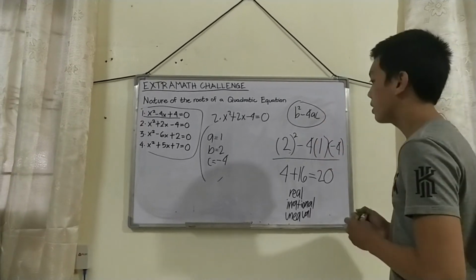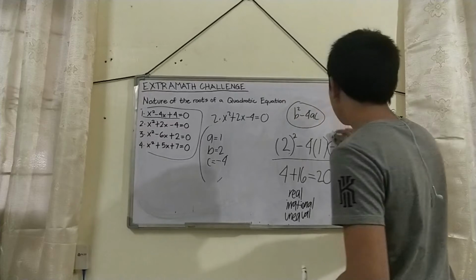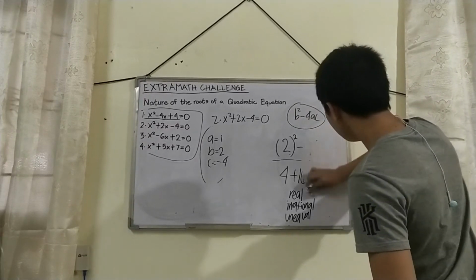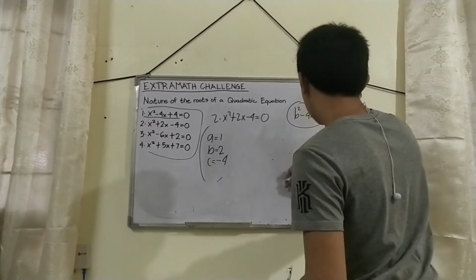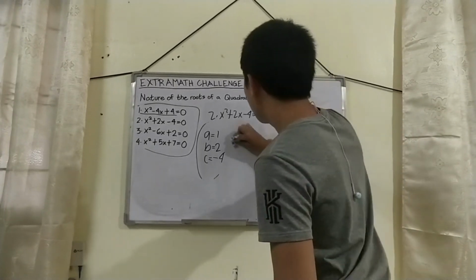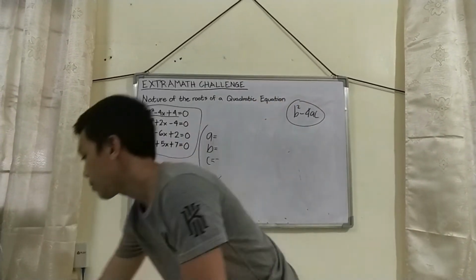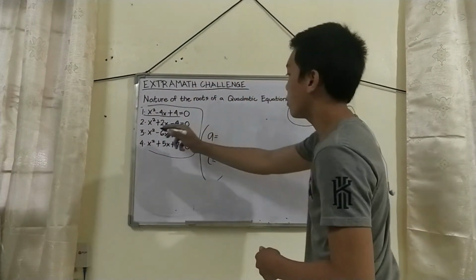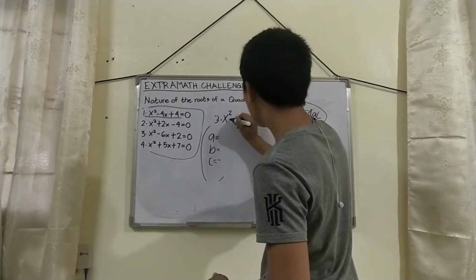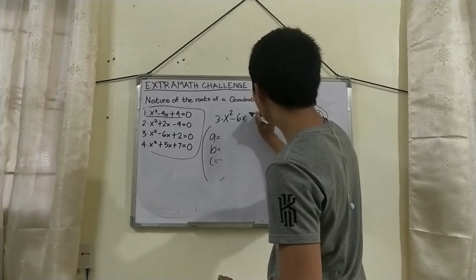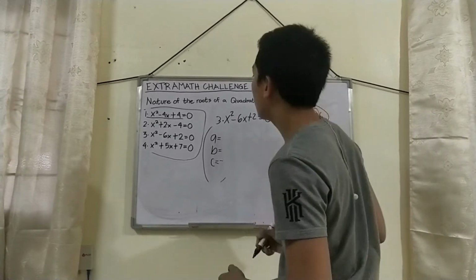Okay, so let's move to equation number 3. Equation number 3, x squared minus 6x plus 2 is equal to 0.